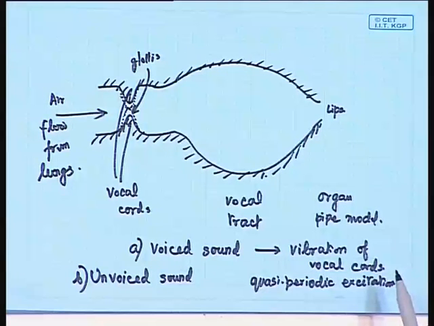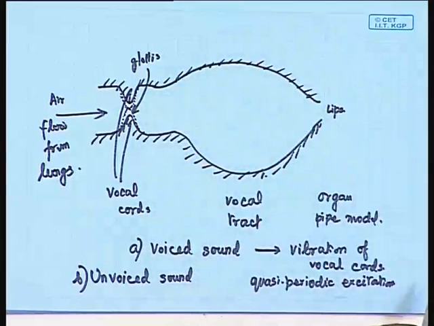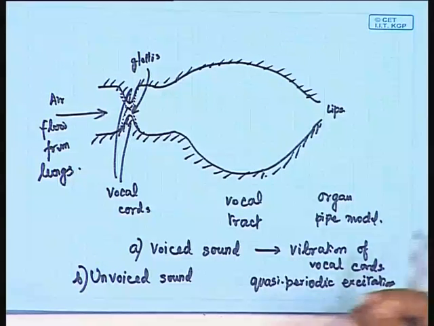So, the source of excitation, interestingly, changes. At times we have the quasi-periodic excitations as the source of excitation in the vocal tract, and at times we will be having a noise-like model for the production of sound, okay.